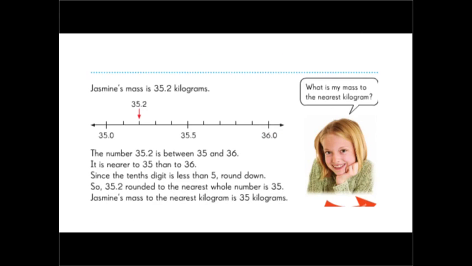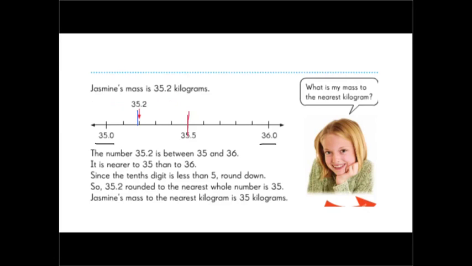The next example here, we have Jasmine's mass is 35 and 2/10 kilograms. Here's the number line. We have 35. The next whole number is 36. In the middle, we have 35.5. And Jasmine's weight is 35 and 2/10.